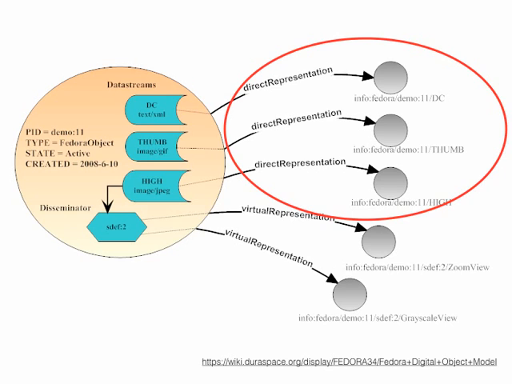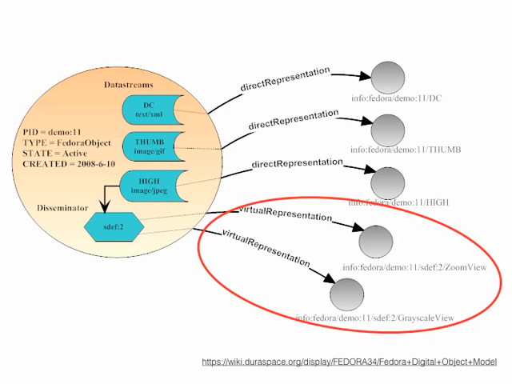Also, what you have is what are called in Fedora disseminators. Now, a disseminator is a set of instructions for how Fedora should represent an object. And by instructions, I mean code, software. Basically, an object can include algorithms within it, or I should say it can include a pointer to an algorithm.